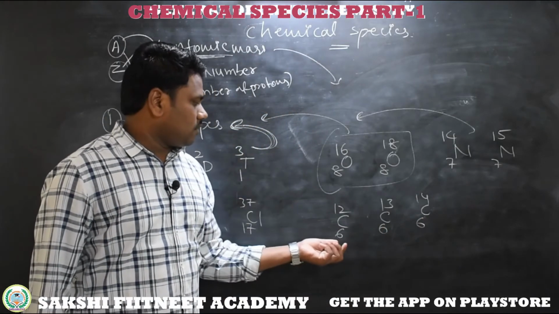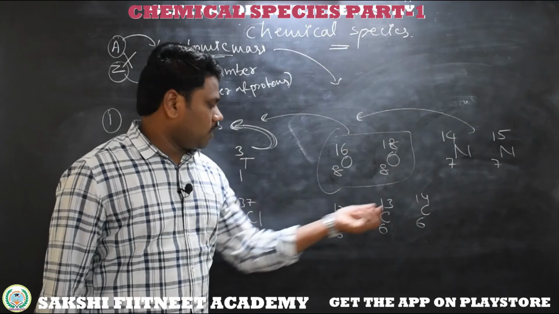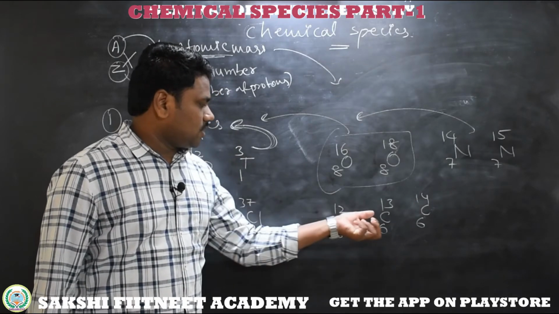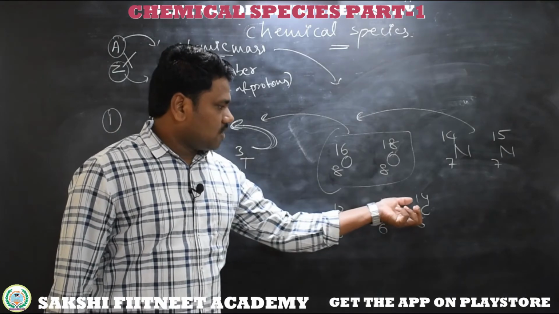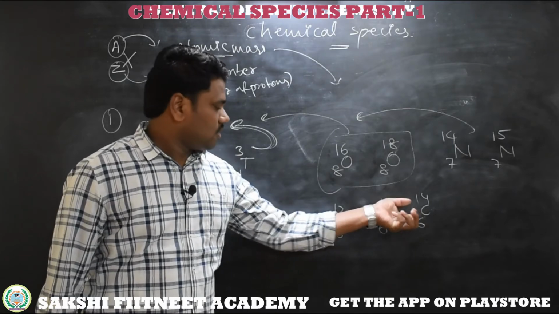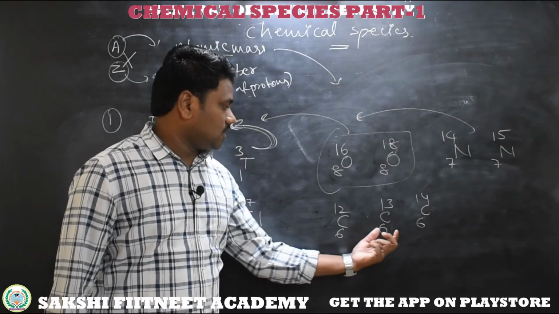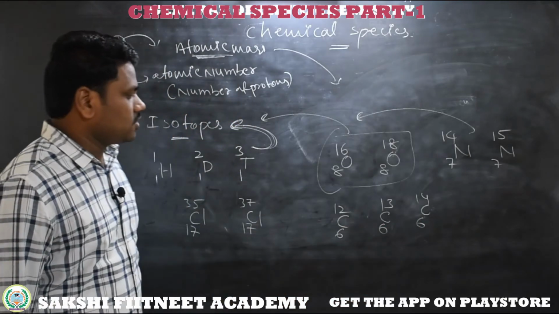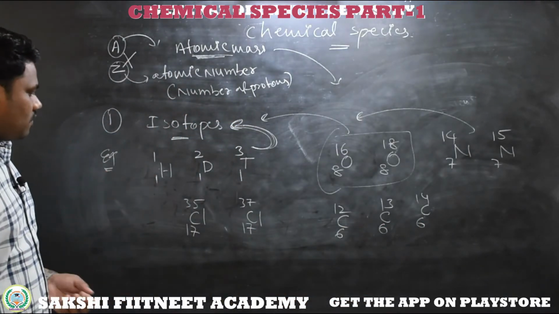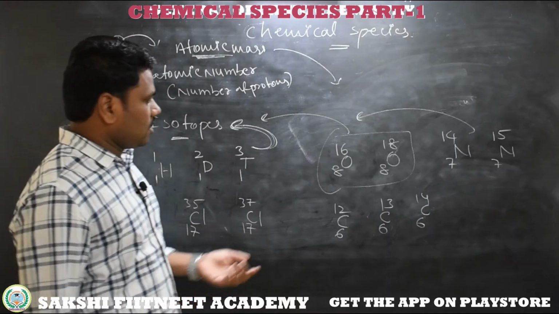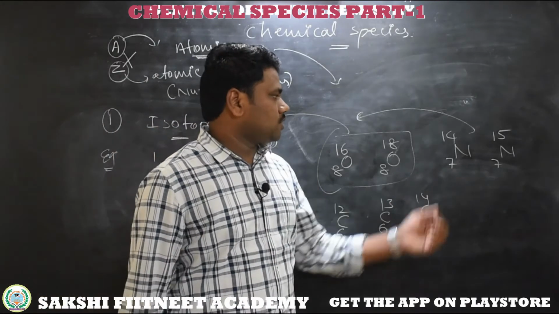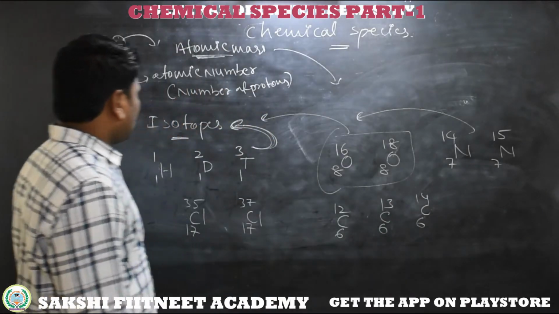These are the isotopes of carbon. 12, 13, 14: 6 protons and 6 neutrons, 6 protons and 7 neutrons, 6 protons and 8 neutrons. These are the isotopes of carbon, isotopes of hydrogen, isotopes of chlorine, isotopes of oxygen, isotopes of nitrogen. So these are the isotopes.